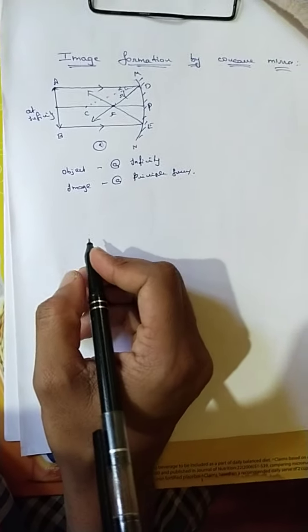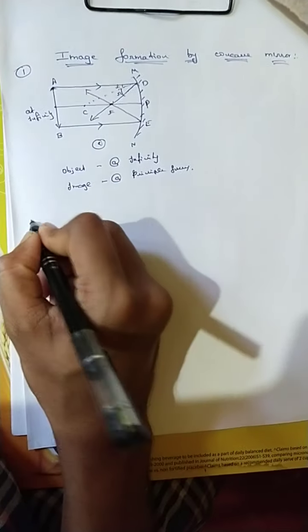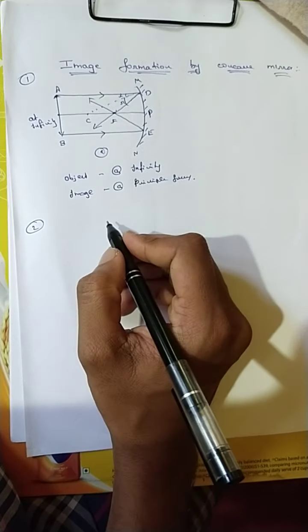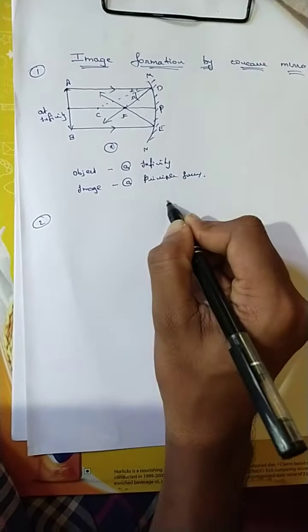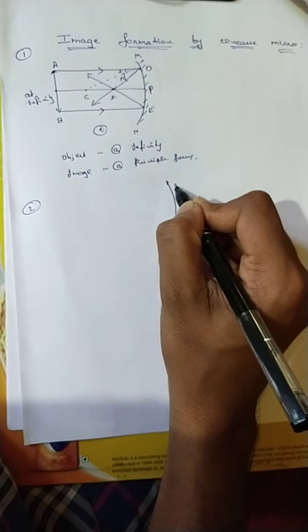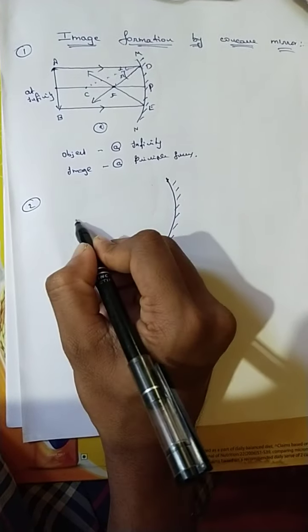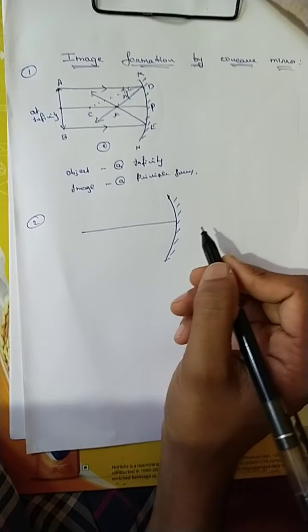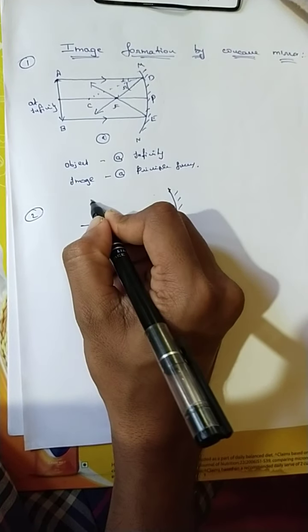Now in the second diagram, it is a concave mirror, and the object is placed beyond C.